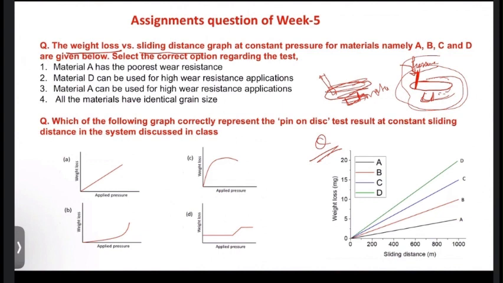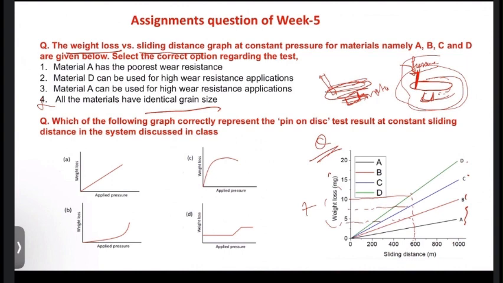See, the fourth option is not correct because there is a change in the grain size. That is why these materials are behaving differently and thus having different weight loss. Consider this 600-meter distance. D has around 10 mg weight loss. C has around, say, 7 mg weight loss.